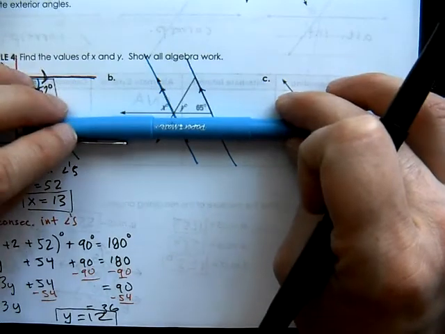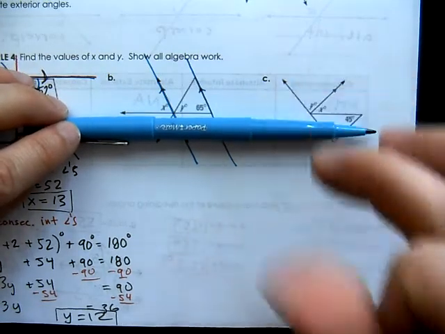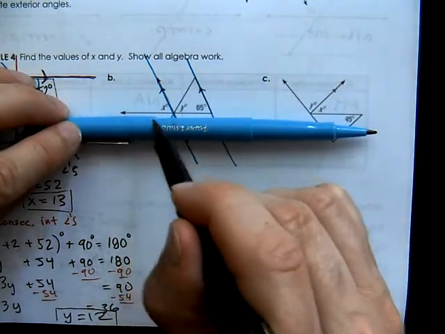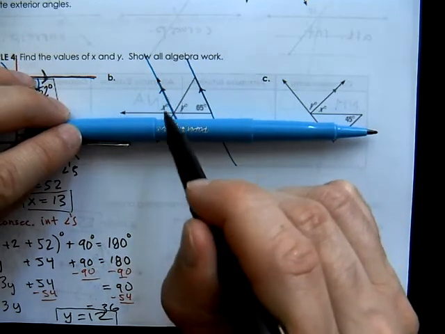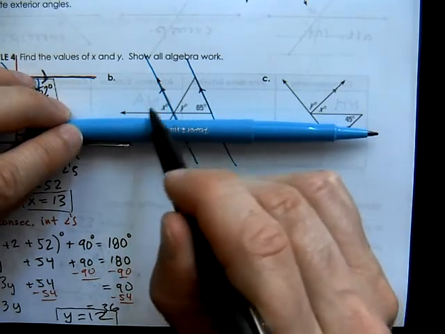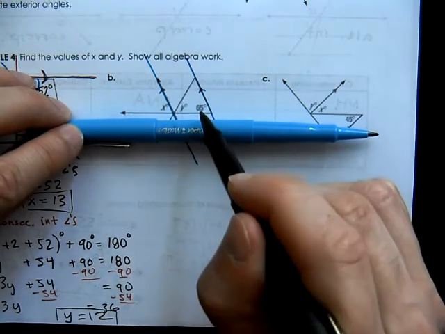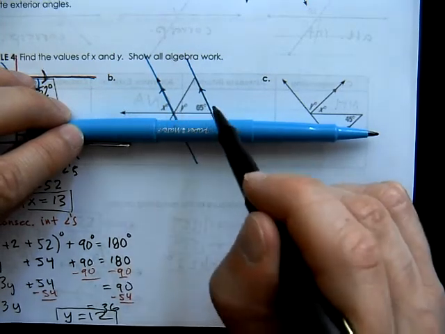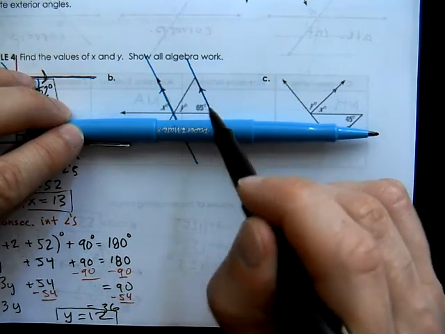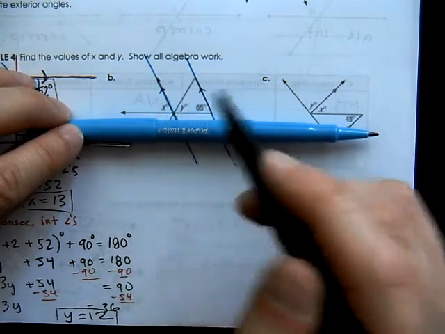Notice that this horizontal transversal is much better because as the transversal crosses the two parallel lines, we do have information, even if it's just a variable. We do have something labeled here and here. So both of these angles are touching the transversal and they're touching the parallel lines as well. So that's good.